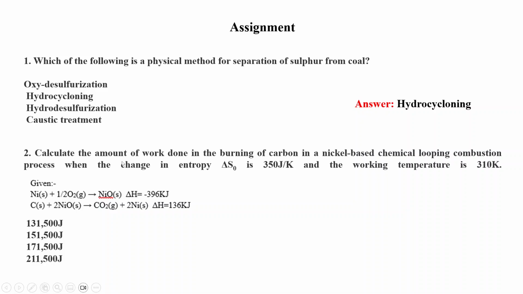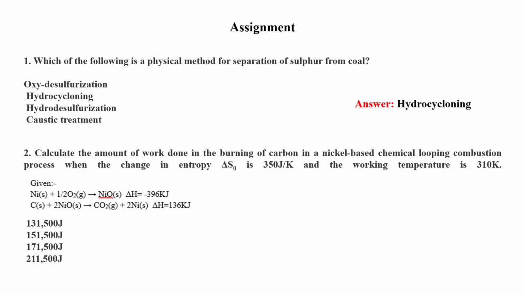Okay, let's come to the second question. Calculate the amount of work done in the burning of carbon in a nickel-based chemical loop combustion process when the change in entropy delta S naught is 350 joule per Kelvin and the working temperature is 310 Kelvin. These are the two reactions. Can someone tell me how to do it?